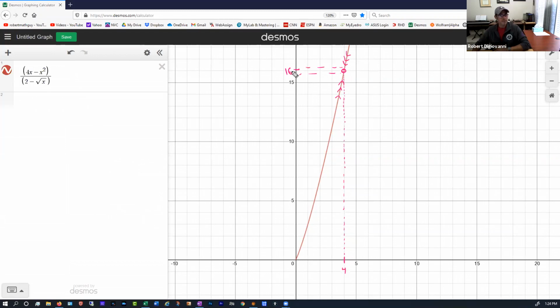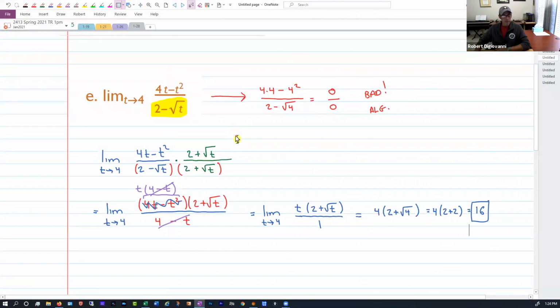So if you just step back and imagine this is a function, I ask you to plug in 4. Everyone's going to go, oh, 0 over 0, that's undefined. I'd say, okay, that's fine. But what's happening near 4? Well, you can't really answer that because you don't know anything until you do the limit. Once you do the limit, then you know what's happening near 4.